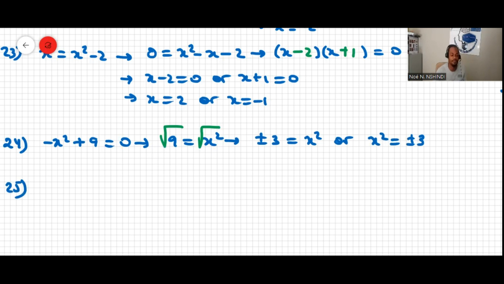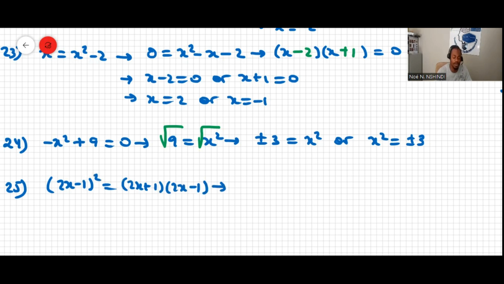And then 25, that's 2 minus 1. So it's 2x minus 1 to the power of 2, 2x plus 1, and then 2x minus 1.